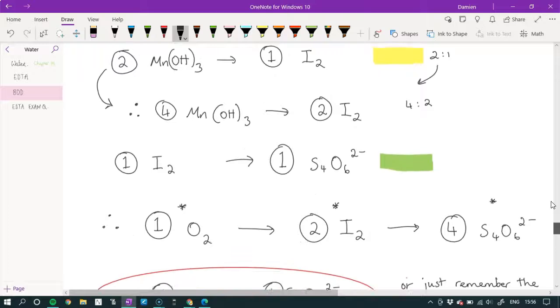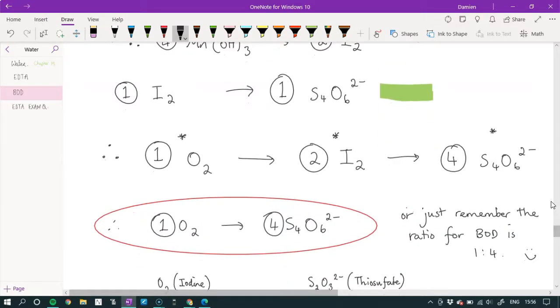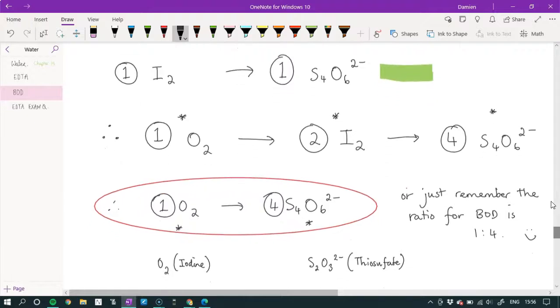Now you're going to have to go through that at your own speed, but basically all we're trying to do is work out how many moles of oxygen will produce how many moles of S4O6 2-. And it's 1 mole of oxygen will produce 4 moles when you work out the ratios. Now you won't be asked to work out those ratios, and sometimes in the question they will tell you what the ratio is, or you can just learn it. You can just remember that the ratio for the biochemical oxygen demand is 1:4, which a lot of students do.